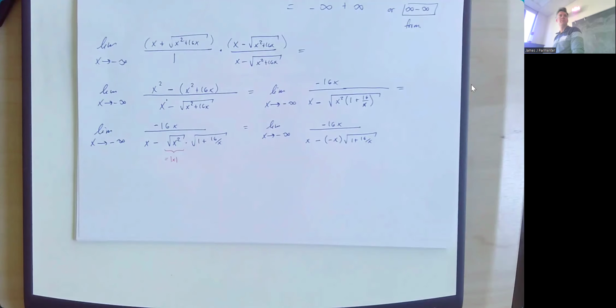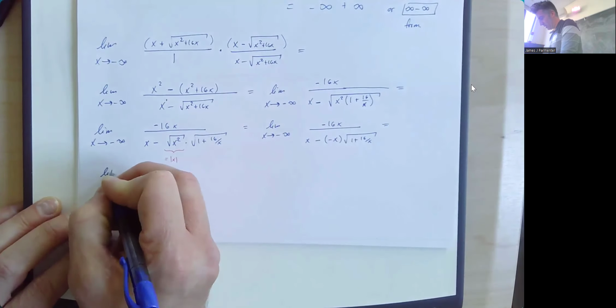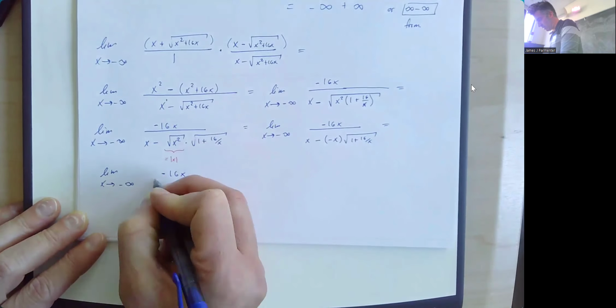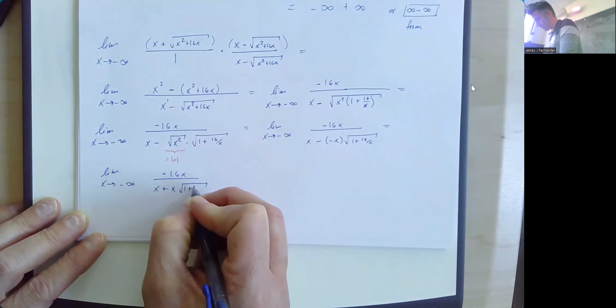Kind of gross. But we're almost done. So I'm going to rewrite this so it doesn't look quite so ugly. It's going to be negative 16x on top. It's going to be x plus x times the square root of 1 plus 16 over x on the bottom.